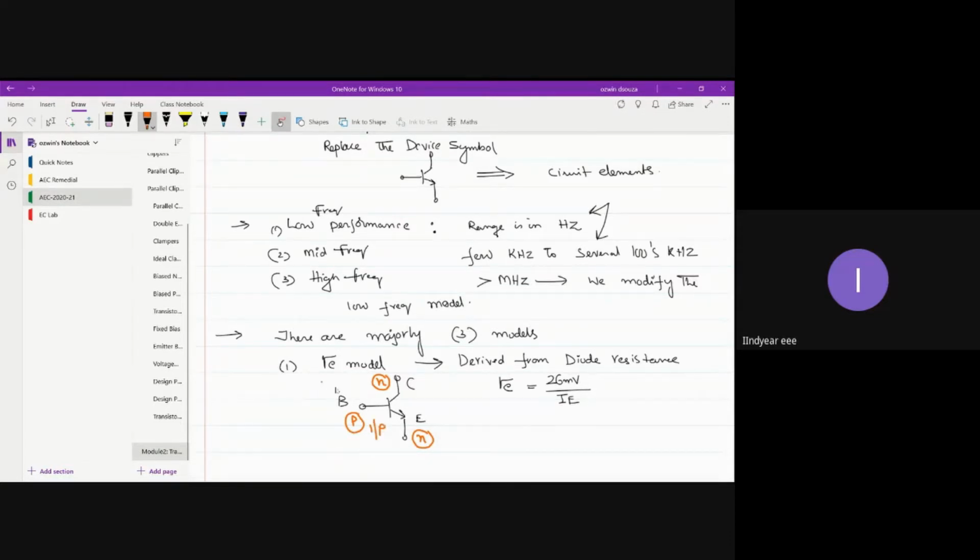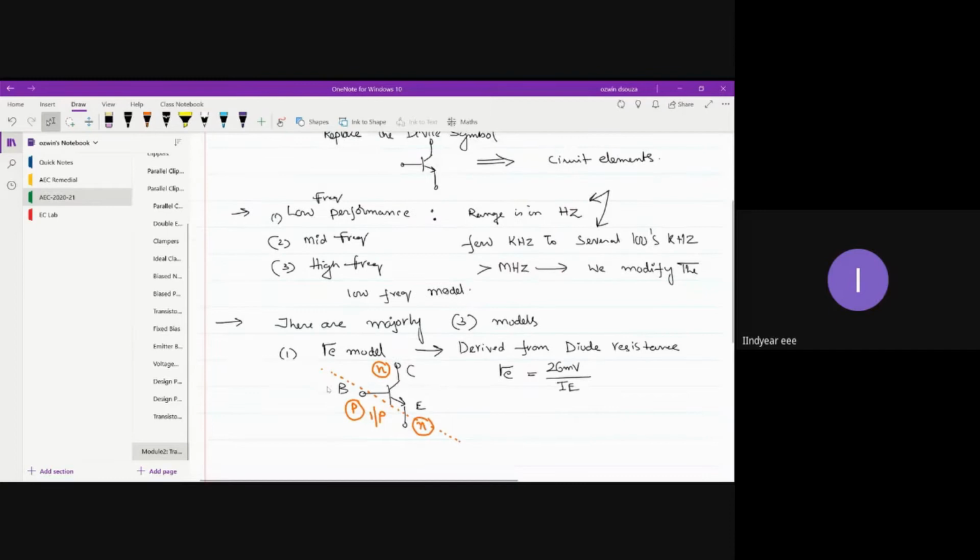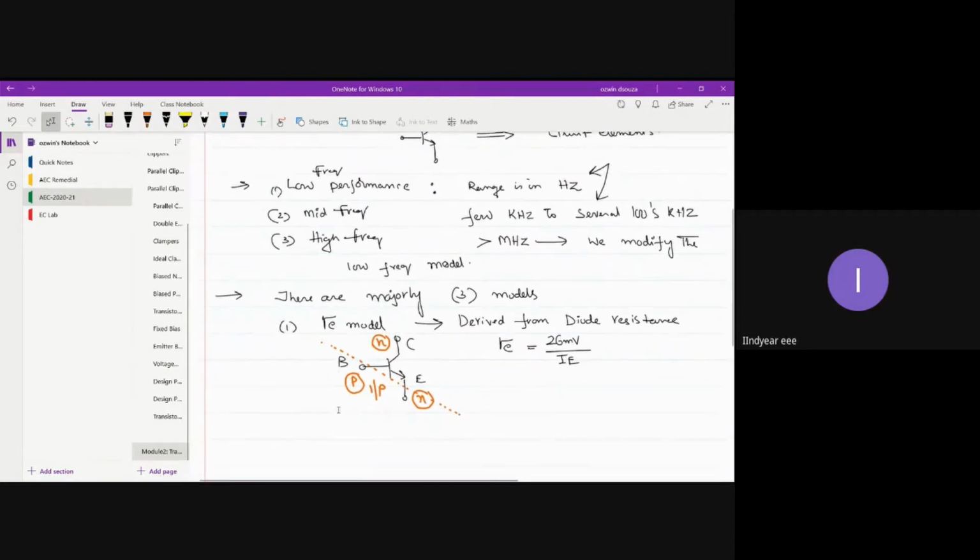Now, if you look at the input circuit, what do you observe? You see that there are two layers coming into the input circuit, right? What are those two layers? A P layer and an N layer.